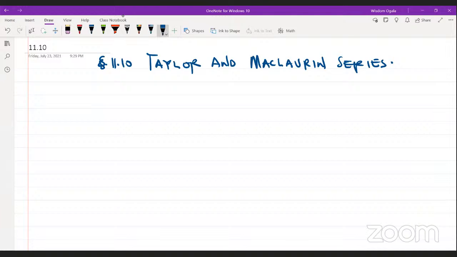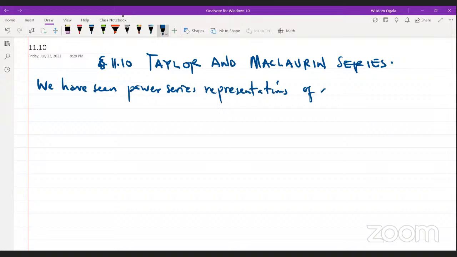So far, what have we seen? Let me write, as a little introduction, that we have seen power series. We have seen power series representation of certain specific functions.